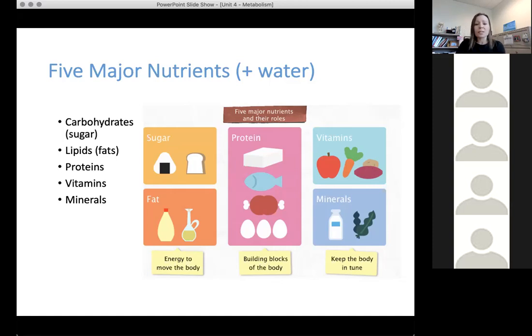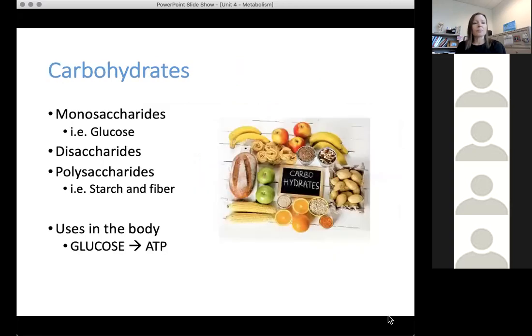As far as uses in the body, carbohydrates are primarily used by cells to produce ATP. So ATP stands for adenosine triphosphate. You would have for sure talked about this in A&P1.